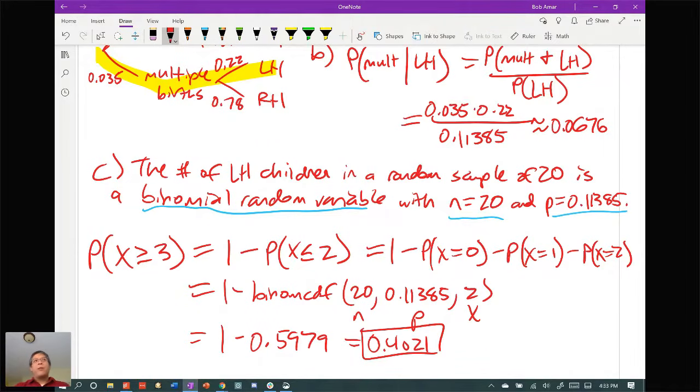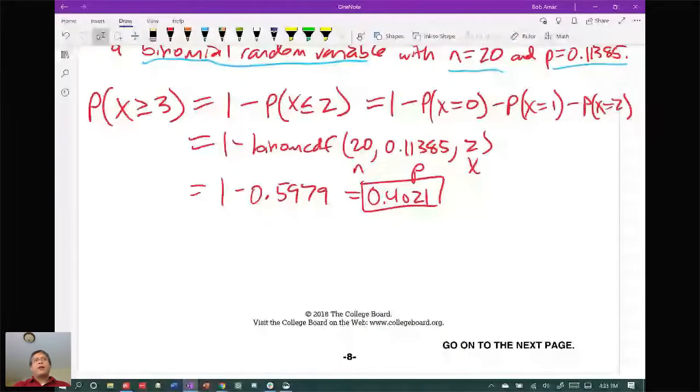I think I had an extra command on there somewhere. Just have a sense of whether numbers are reasonable. You don't expect there to be a lot of successes, which is why this is a fairly good estimate, 0.5979, because we would expect the mean to be around 2. So the fact that I got a number that was so low is very disturbing.